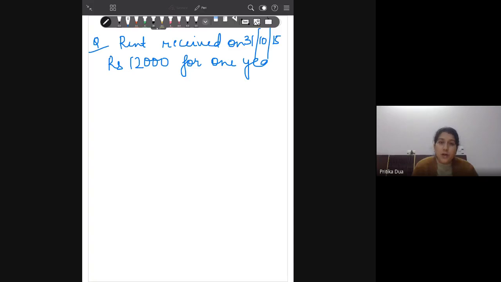This is the annual rent that has been received by the firm, and out of this, for the current year, April, May, June, July, August, September, I am dividing it into 6 to make it easy to understand. Let's make this as 1st October.